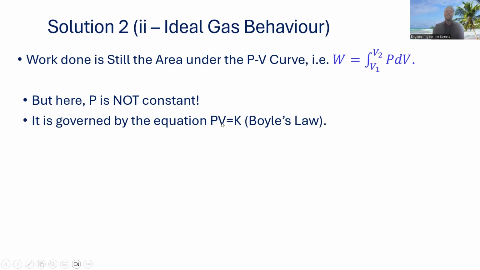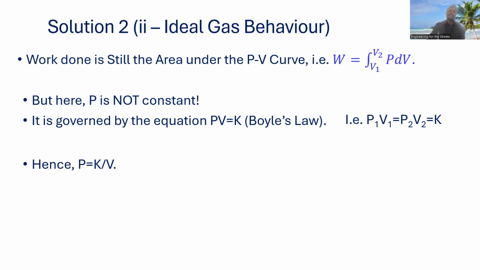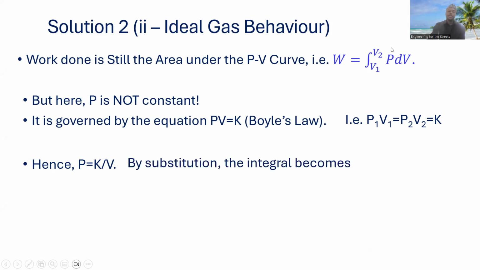That is, PV equals K, which means P1V1 equals P2V2 equals P3V3 and so on, equals K. And so if PV equals K, that means pressure is not constant but varies with volume by this equation, P equals K over V. So if P equals K over V, you slot K over V into this expression.